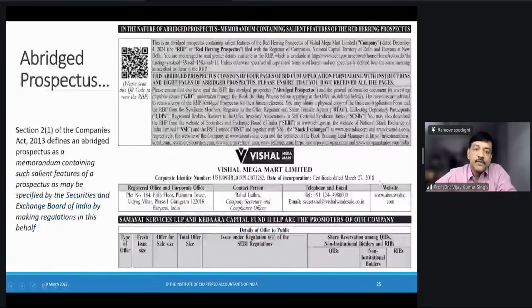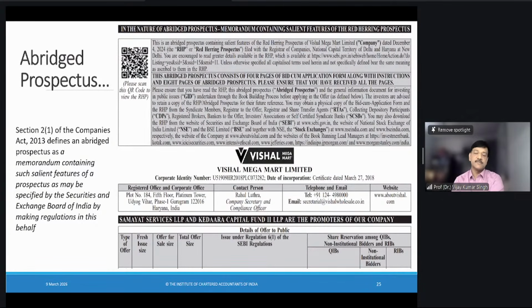Before I move on, there is also a concept which is referred to as abridged prospectus. Section 2(1) of the Companies Act defines the abridged prospectus. An abridged prospectus is a memorandum containing such salient features of a prospectus as may be specified by the Securities and Exchange Board of India by making regulations in this behalf.